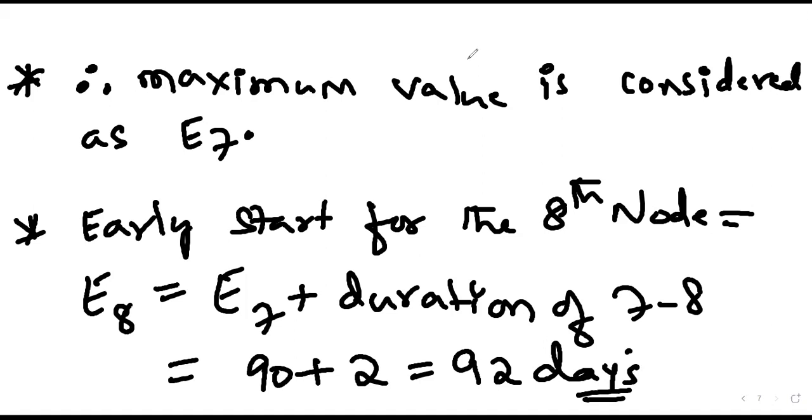So one of the ways in the final examination to verify whether you have got the right answer or not, in the semester end examination, is to match the last node early start with that of the project completion duration. If these two are the same, then you have got the right answer.